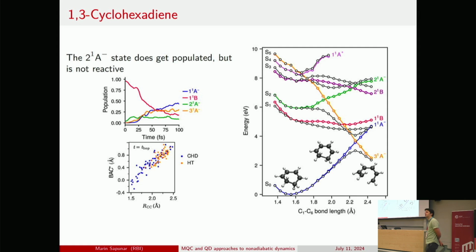Nice talk. I wanted to ask about the geometric phase effects, which is natural when there is a conical intersection and the dynamics takes a closed contour. Does this method handle geometric phase effects automatically, or do you have to take care of it in other ways?